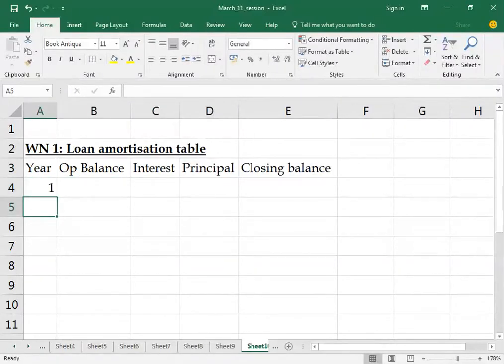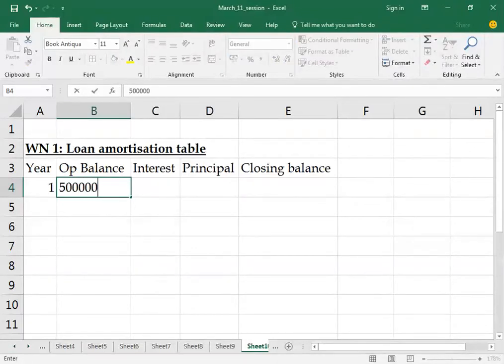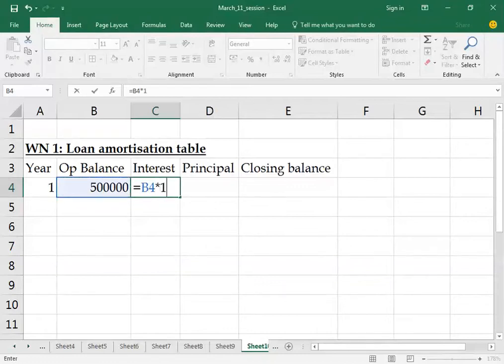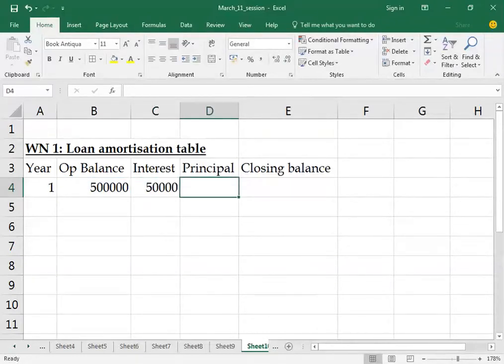Start with year 1. What's the amount of loan we are taking? 5 lakhs. 5 lakhs is the amount of loan taken. Interest is 10%. Principal will be 1 lakh, 5 lakh divided by 5.